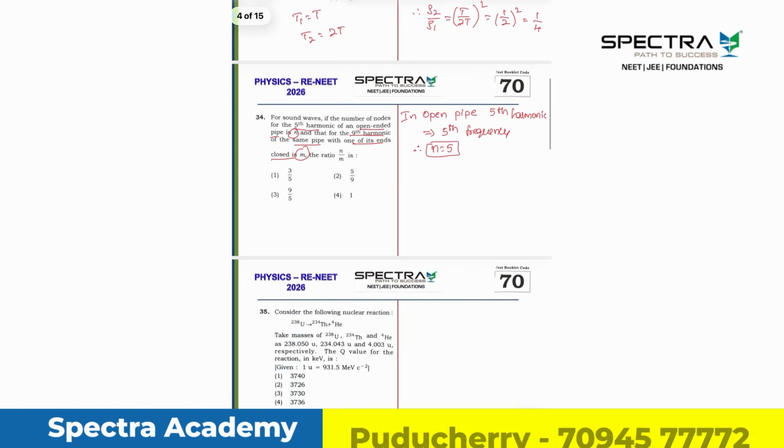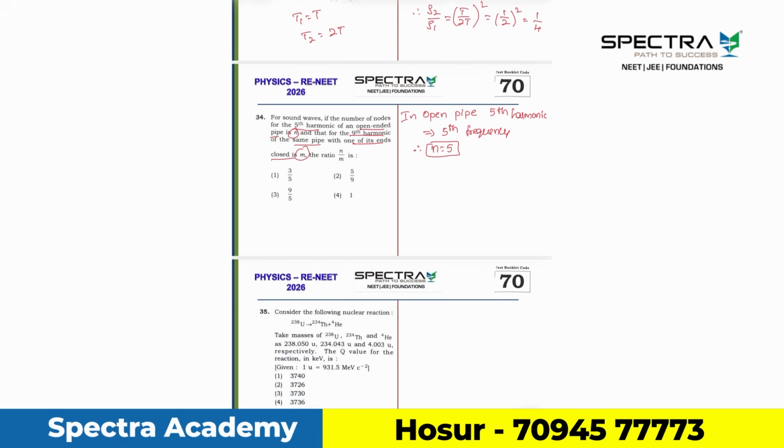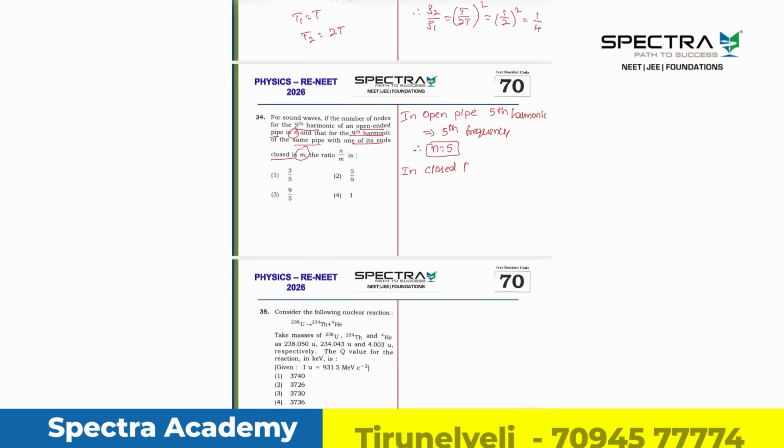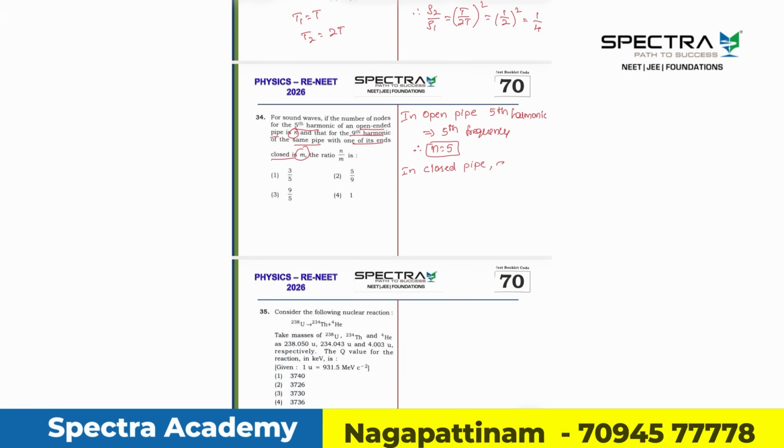That means in one mode there will be one node and two antinodes in case of an open pipe. In case of a closed pipe, in the fundamental frequency or fundamental mode of vibration, there will be one node and one antinode. Therefore, in the closed pipe, they have given the ninth harmonic.